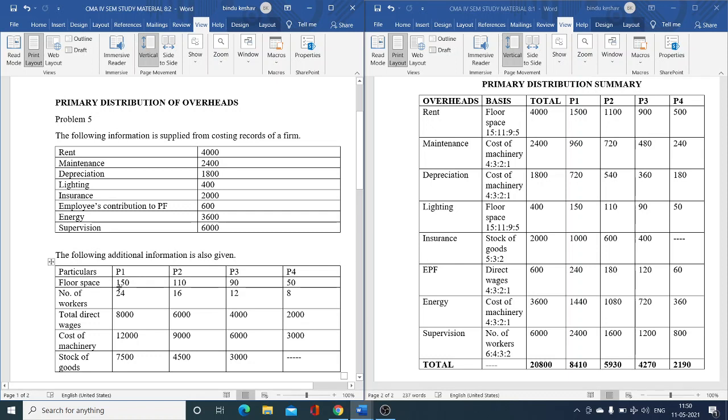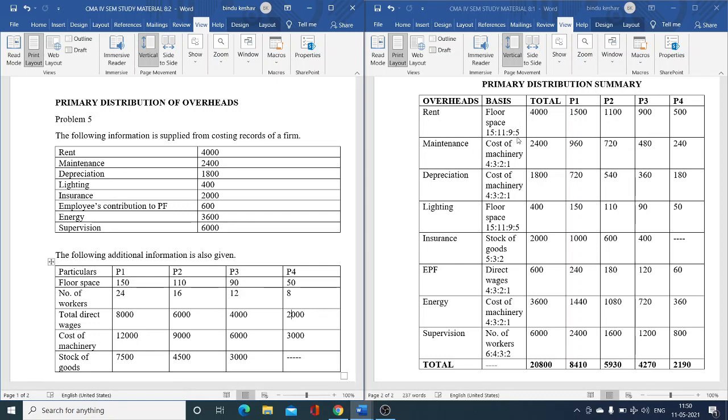Here it is given 150, 110, 90 and 50. So we have to prepare a ratio. The ratio is 15:11:9:5. Then we have to look whether we can simplify the ratio. In this case we cannot simplify it further. So this is the ratio.